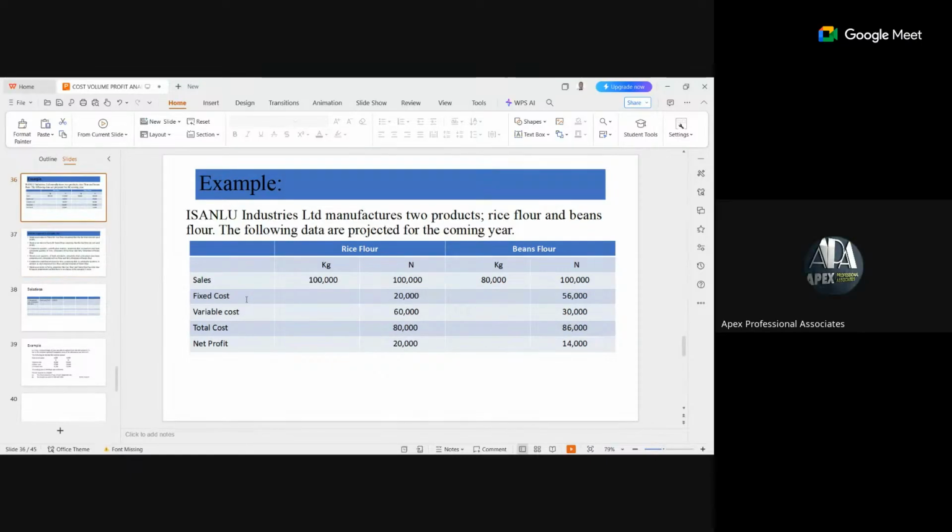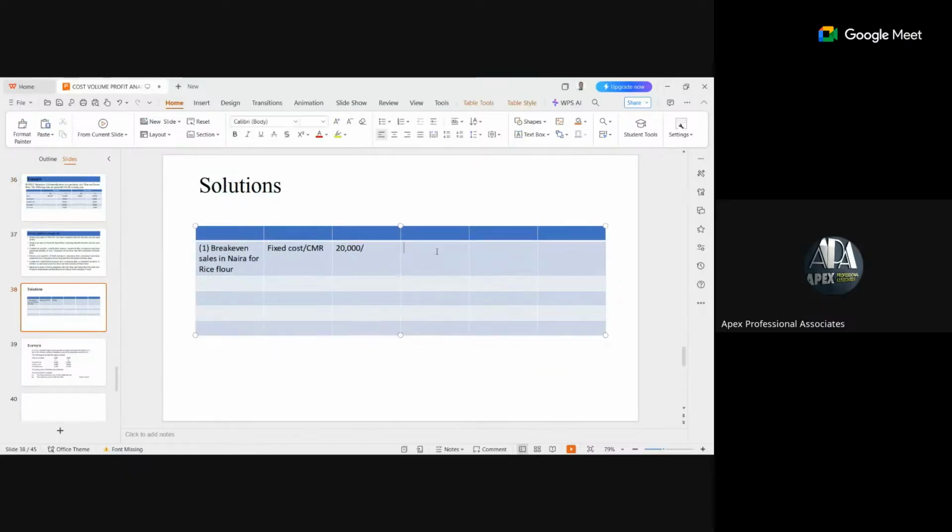Somebody is asking. The selling price minus variable cost divided by the selling price. Fine. So let's show it. Everybody is now on the same page. So contribution margin ratio is equal to what? 100,000 is the selling price.